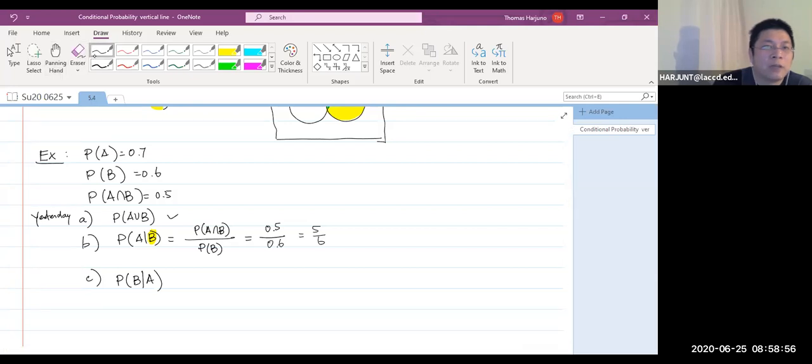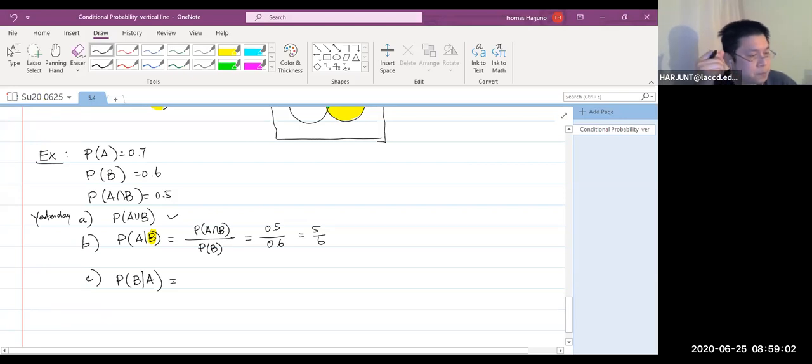Now, what happens if I reverse the condition and the desired event? Then the denominator will be the probability of A, that's the condition, and the numerator will be the probability of the intersection.